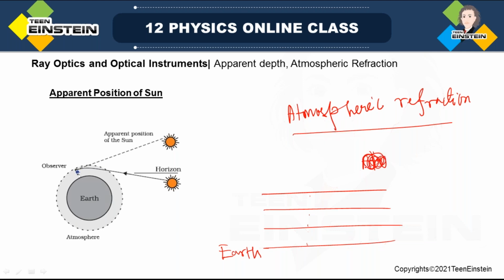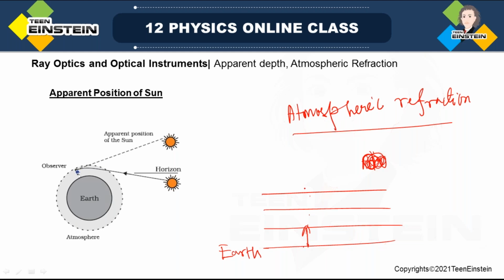Atmosphere means various gases or air, and air contains nitrogen, oxygen, some water droplets, and various other gases, carbon dioxide in a little proportion. You know the composition of air, right? So as you go up from the earth surface, the air becomes denser and denser and denser, optically denser as well as materially denser also.